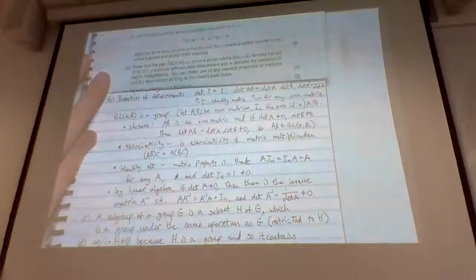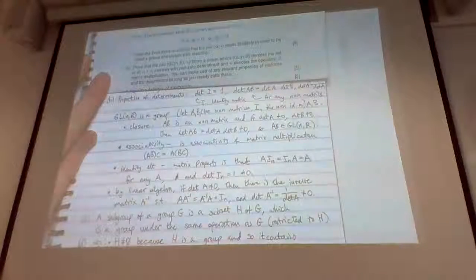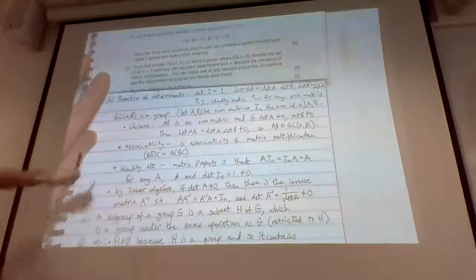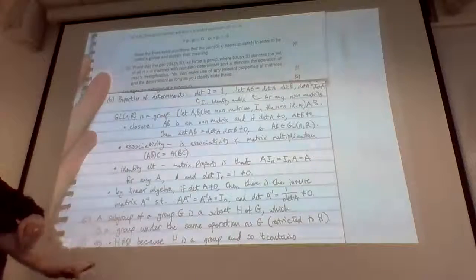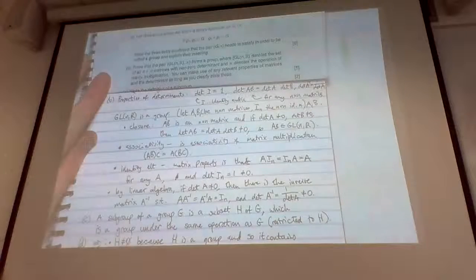And then he states GLNR is a group. Let A, B be n by n matrices, IN be the n by n identity matrix. So then he's addressing the 4 properties that you've already laid out in question 1a. First of all, closure.